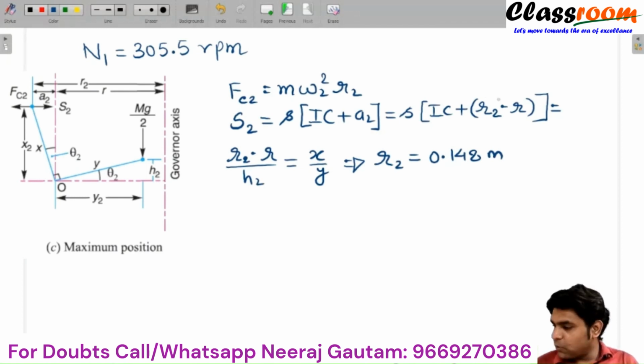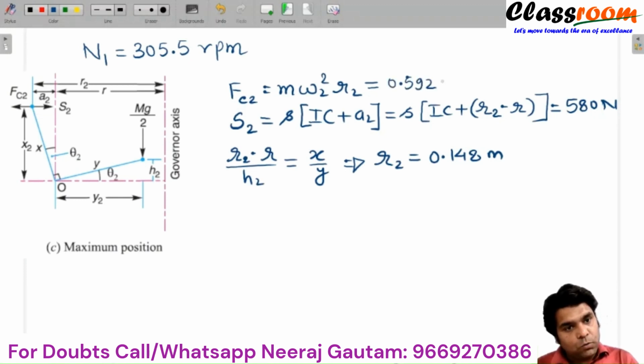Substituting the values of R2 and R, you can find the spring force in this condition is 580 Newton. The value of Fc2 in terms of omega 2 square, by substituting R2, is 0.592 omega 2 square in newtons, and the value of capital M is the same as usual.